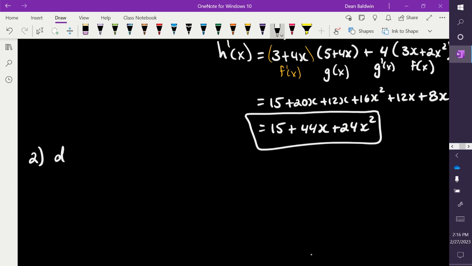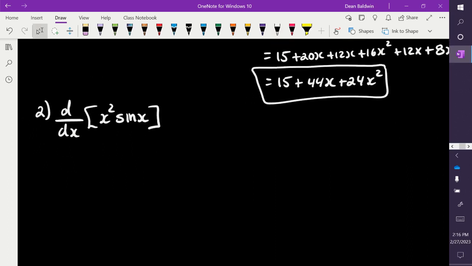All right. Let's do a trig function. So now we're doing the derivative of x squared sine x. Okay. So this is product rule.